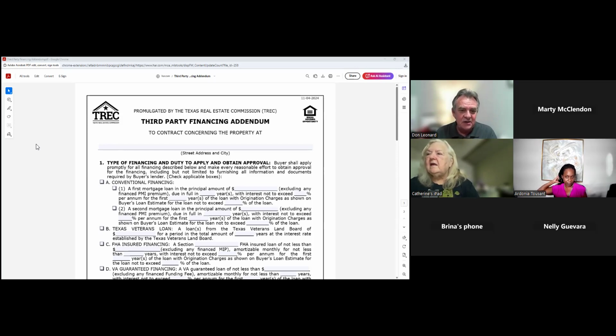And then also what we call the HOA addendum, which is the addendum for property with mandatory membership in an owners association. But because that's such a mouthful, we just call it the HOA addendum. So we're going to be looking at those two documents today.